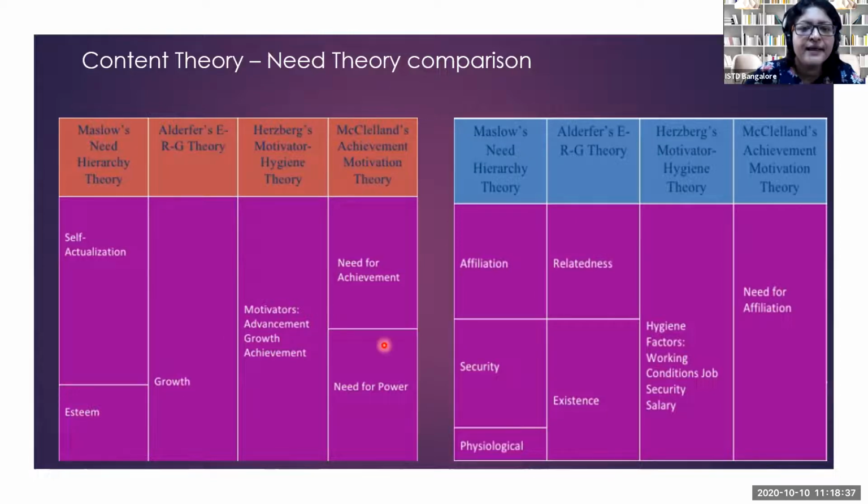self-actualization, growth. If you see here, hygiene factors of two-factor theory, right? Hygiene factor and motivator. These are the two factors. So what are the hygiene factors? Now, hygiene means something which prevents us from getting any kind of disease, in layman's terms. If hygiene is not there, what happens? We are prone to get diseases. Now, in the context of the workplace, why is it called a hygiene factor?